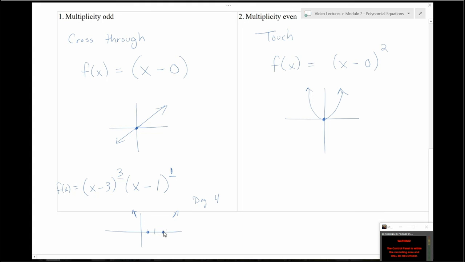And then these are my only two zeros, so it's only allowed to go through the x-axis at these points. And you can see now if I connect all of this, I have a pretty good idea of what the function looks like. And that's how we connect the end behaviors and the multiplicities in order to figure out what the general shape of the function is.